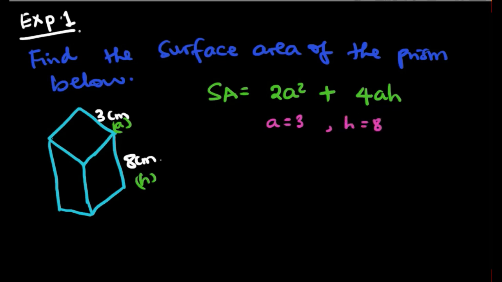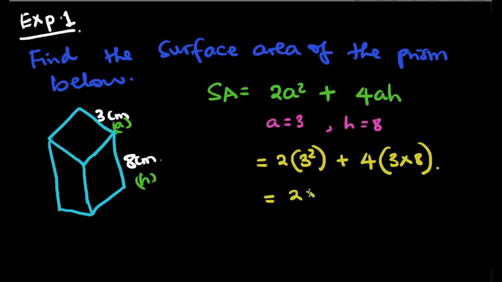Therefore, our surface area is 2 times 3 squared, which is A squared, plus 4 times A, which is 3, times H, which is 8. So we come up with 2 times 9 plus 4 times 24.